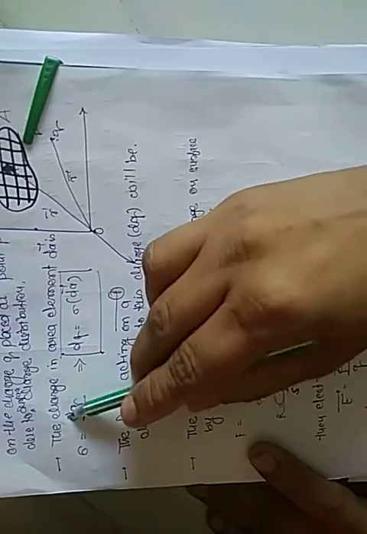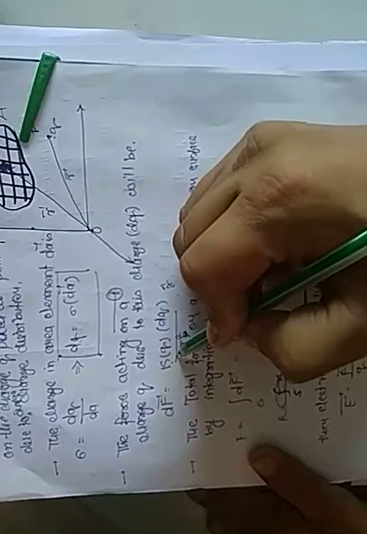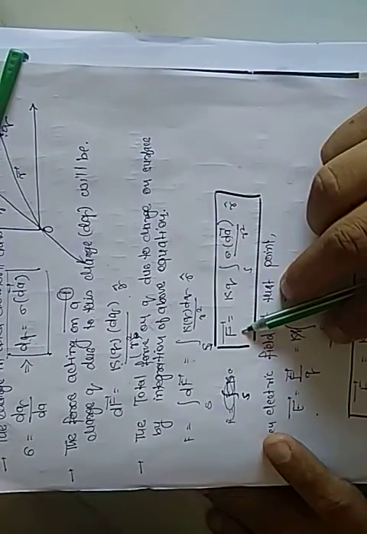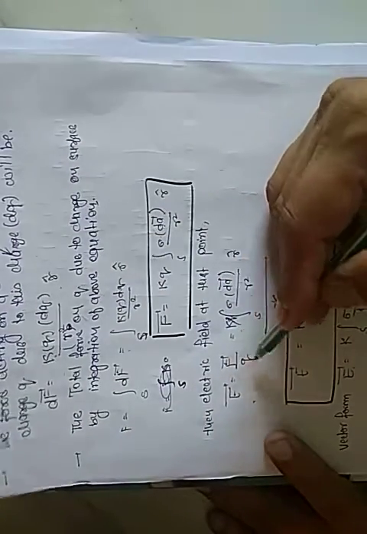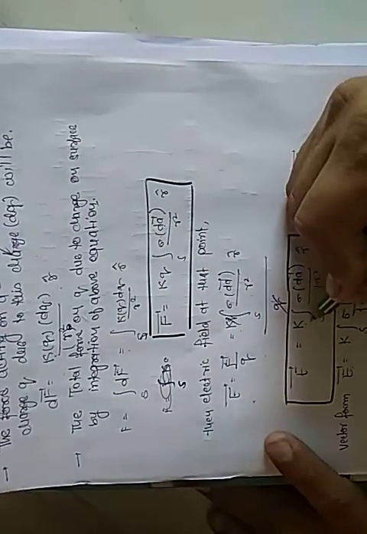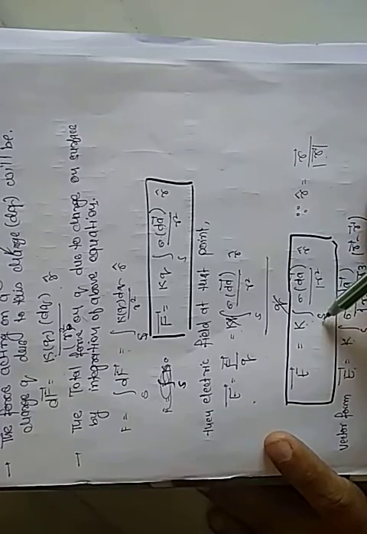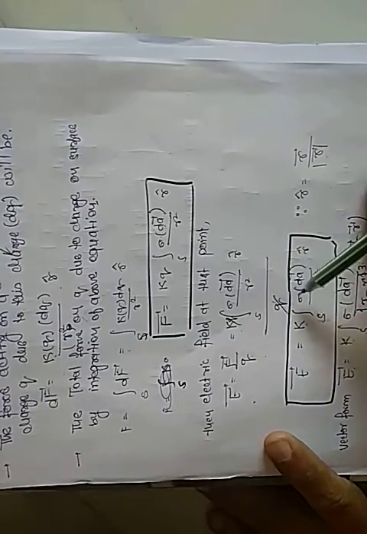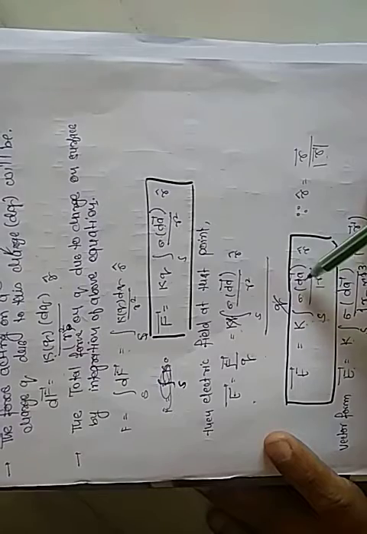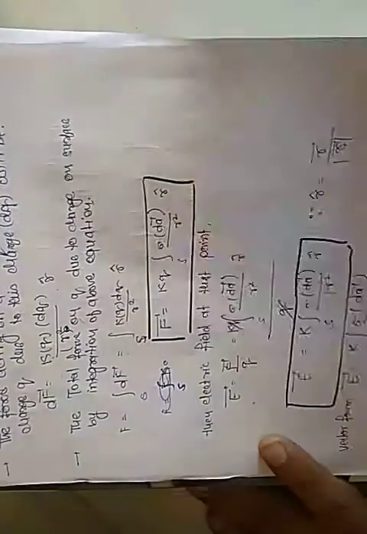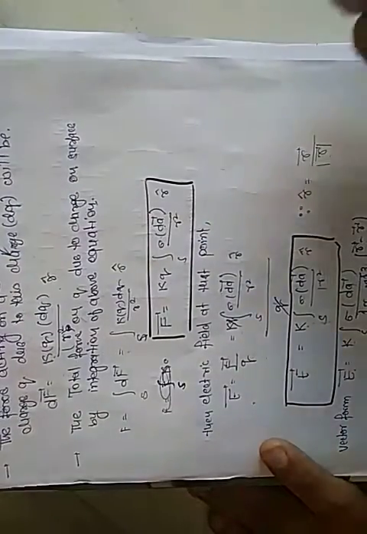Put the value of dq and, as in equation number 1, calculate force. If you get force, integrate to calculate the total force. If you want to calculate electric field, put the value of force here, charge cancels, and we get k integration. But here, in place of surface we put volume, sigma converts into rho, area converts into volume, upon r square. So in this pattern we are able to calculate volume charge density also.